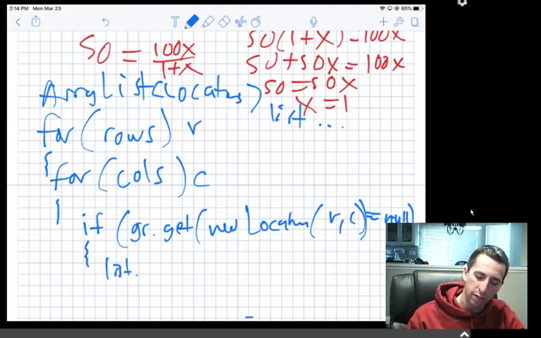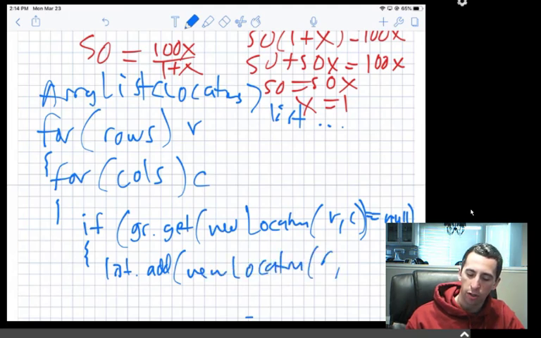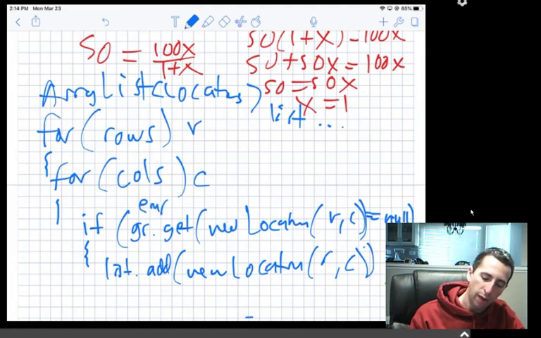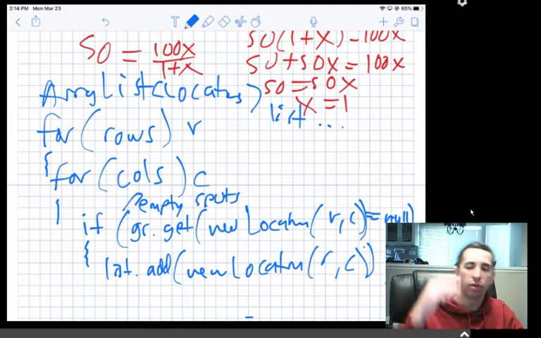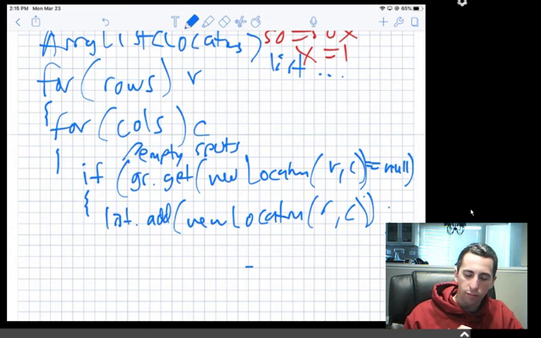So it'll be list.add new location R, C. So what you're trying to do here is get a list of all the empty spots. You're looping through the whole array, going through all the rows, all the columns to find out what are all the empty spots.